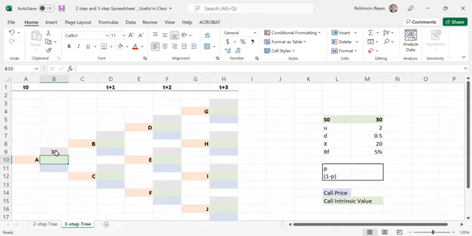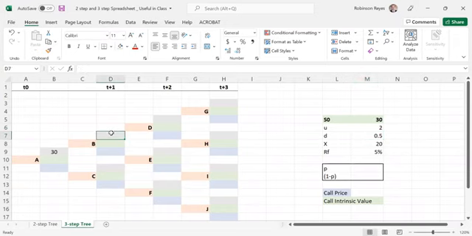We can end up in the good state of the world here, so the stock price moves up, or we can end up in the bad state of the world here, so the stock price moves down. Whenever we move up in the tree, we're moving up by this factor 2. And whenever we move down in the tree, we're moving down by multiplying the stock price by this factor 0.5, so half of whatever the previous price was.